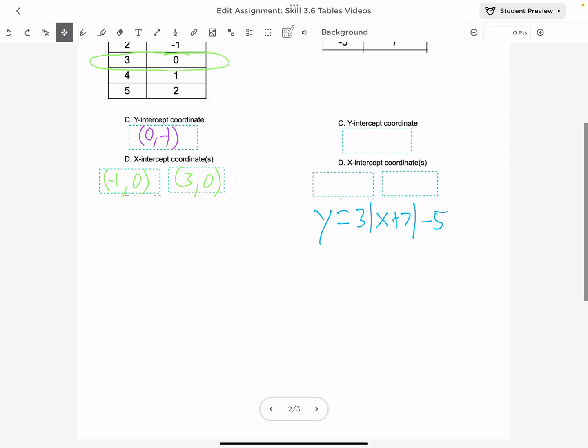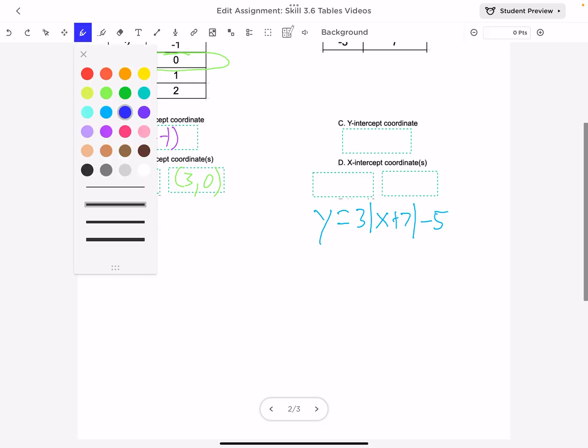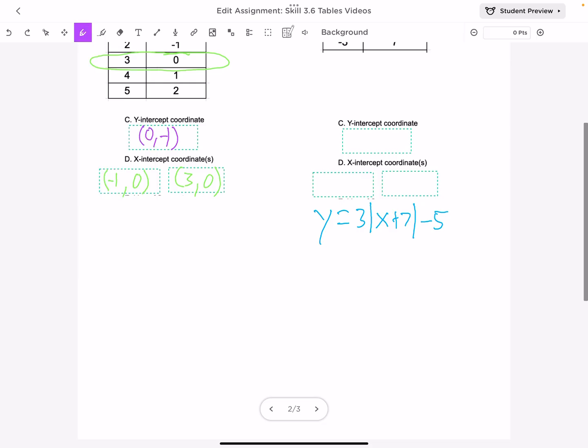So you remember how I said that our y-intercept is always going to be 0 comma some value, right? What we can do is we can replace this x with 0. And when I do that, I get y is equal to 3 times the absolute value of 0 plus 7 minus 5. And now I just solve it out.